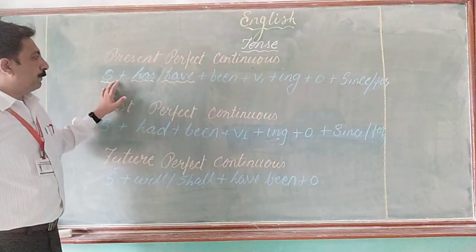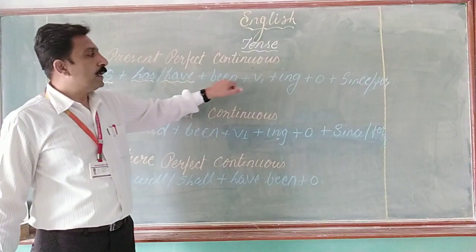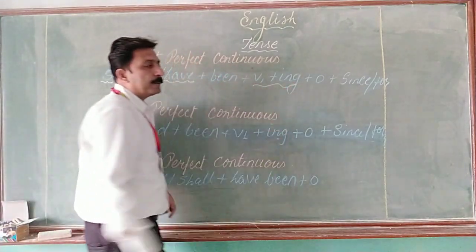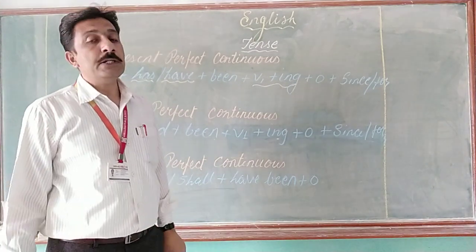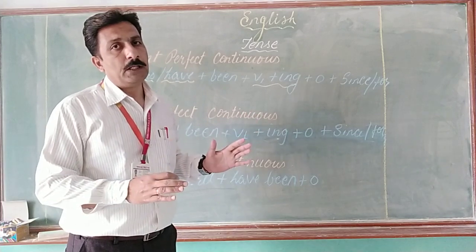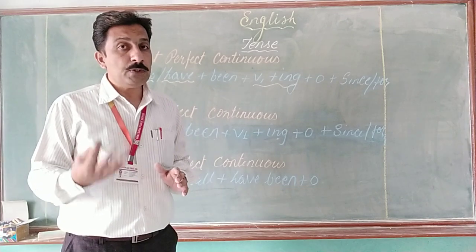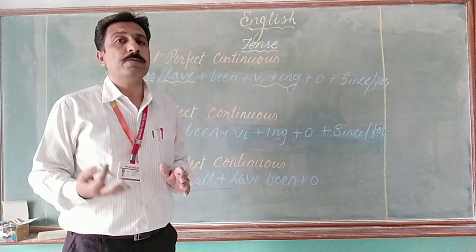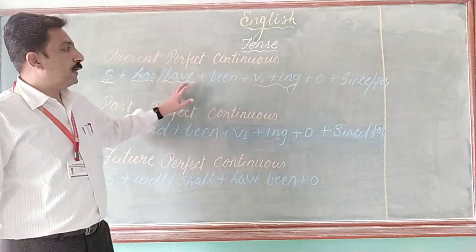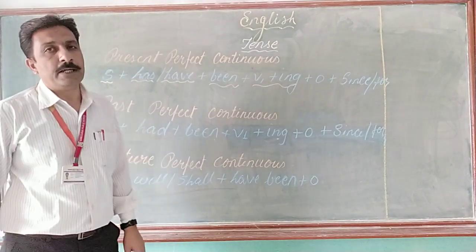So for present perfect we have used subject plus has or have. Now for continuous we have added this ing form. As I mentioned, continuous means the work which is going on, and we use ing form to show continuity of some verb, continuity of some action. So here we have subject plus has or have plus been plus V1 plus ing.